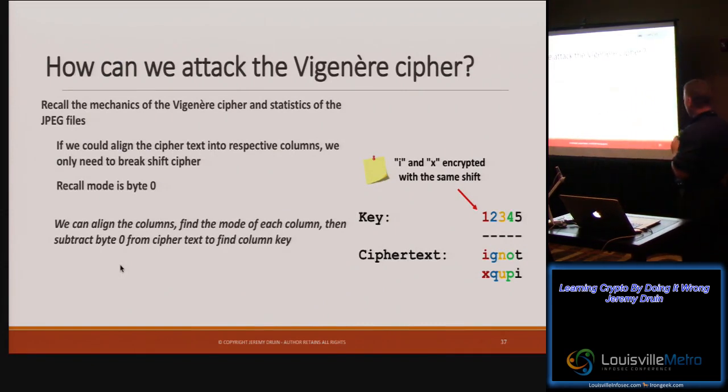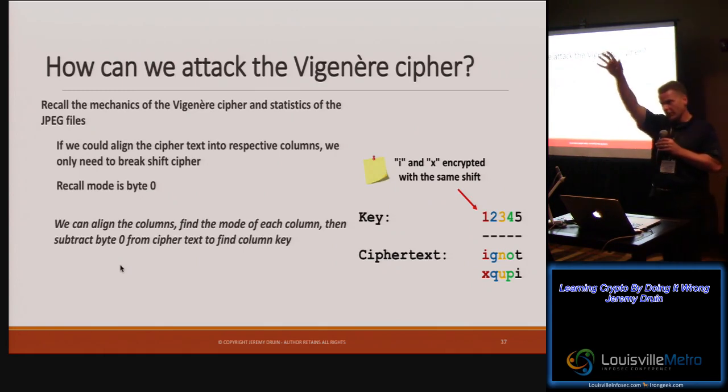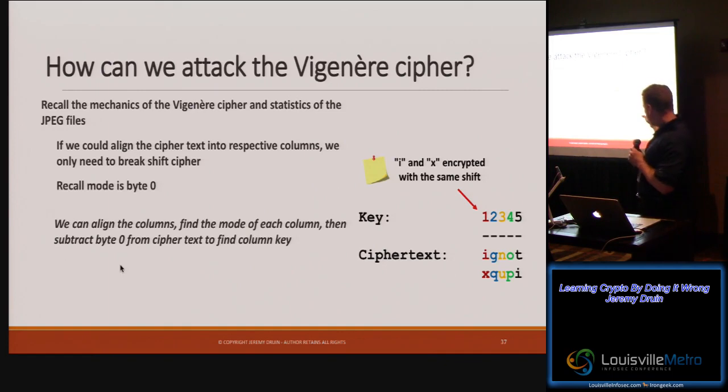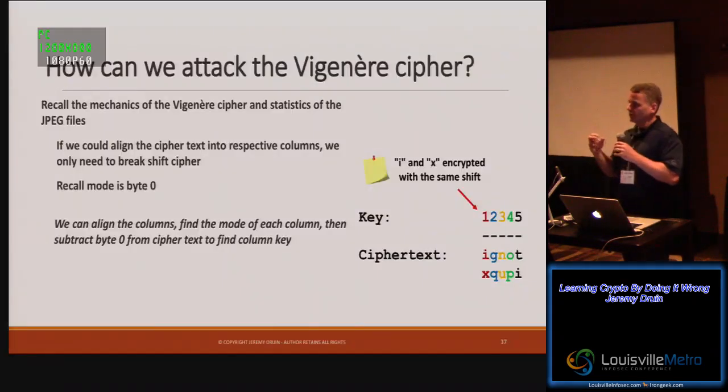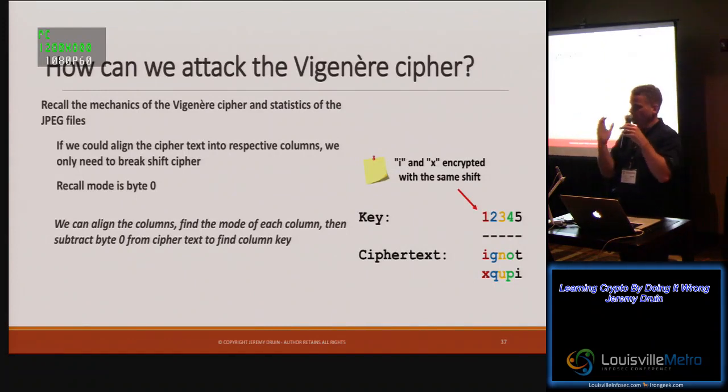If every key length, we take those words in the ciphertext and move them down under each other to create a big giant column of ciphertext, where everything in the first column, in this case the red, is encrypted with the first key character, and everything in the second column is encrypted with the second key character. So we're grouping the letters in the ciphertext together by which key character they were encrypted with. Well, at that point, we've got nothing but a substitution cipher on each column.